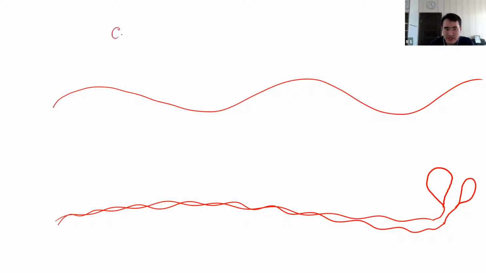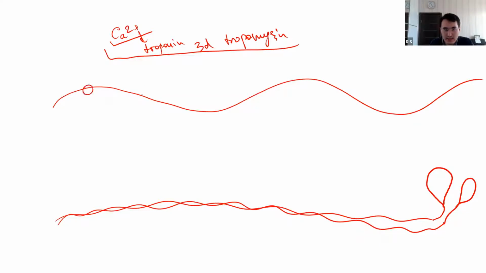So whenever we have the calcium in our cytoplasm, this calcium is binding to troponin, and this troponin changes the 3D structure of tropomyosin and releases these binding sites. So now they are free, and this head can bind to this guy with the help of ATP.